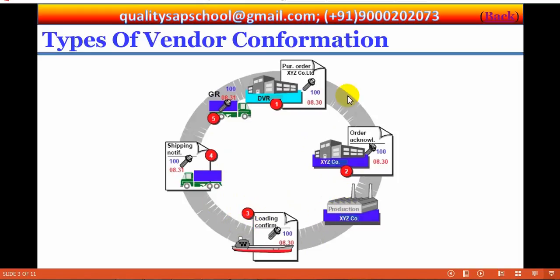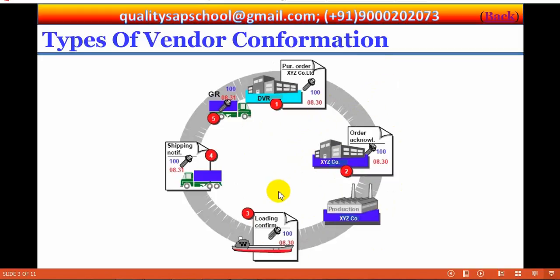So anywhere you can give the urging letters, you can send the request letters to the vendor to supply the material regarding the goods, timings and all this. So that is the difference between the expediters and confirmations.